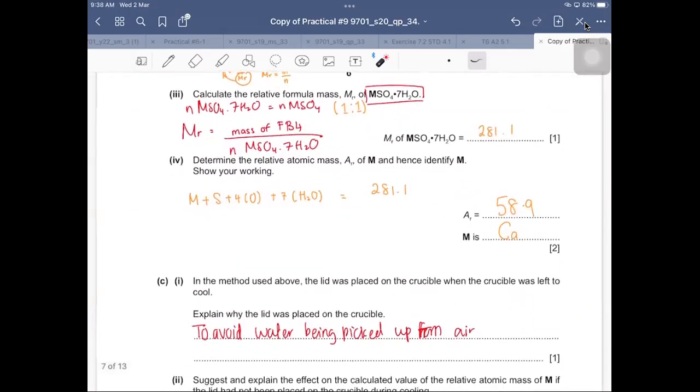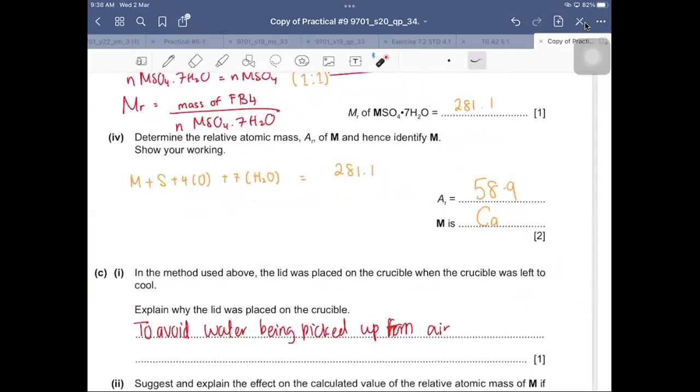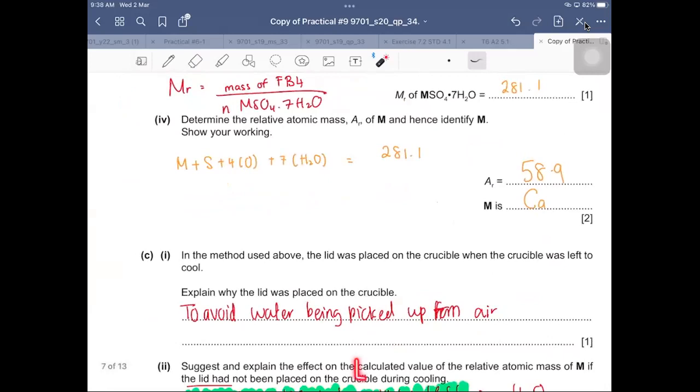Suggest and explain the effect on the calculated value. So they want us to comment on what happens to our FR value based on the calculation when the lid is off. Okay, the first part is a little bit confusing.